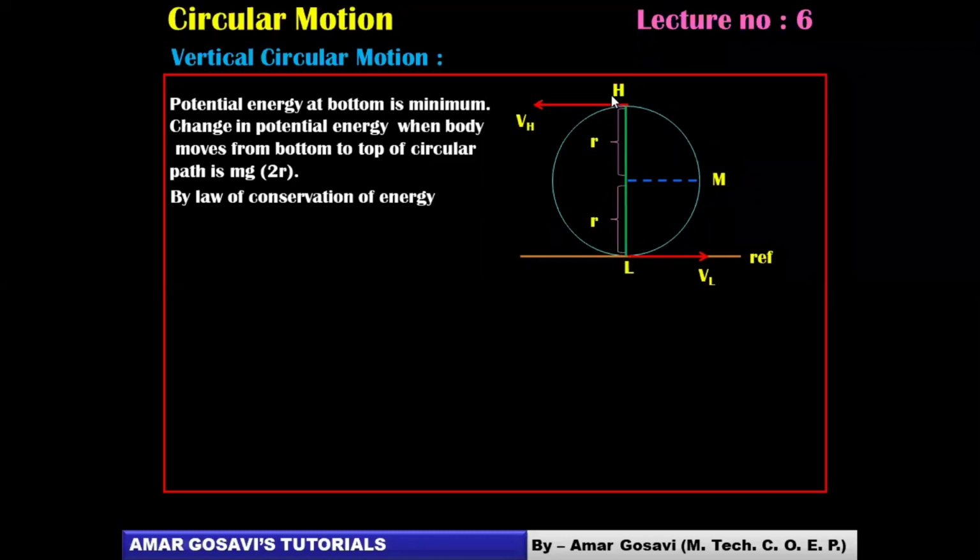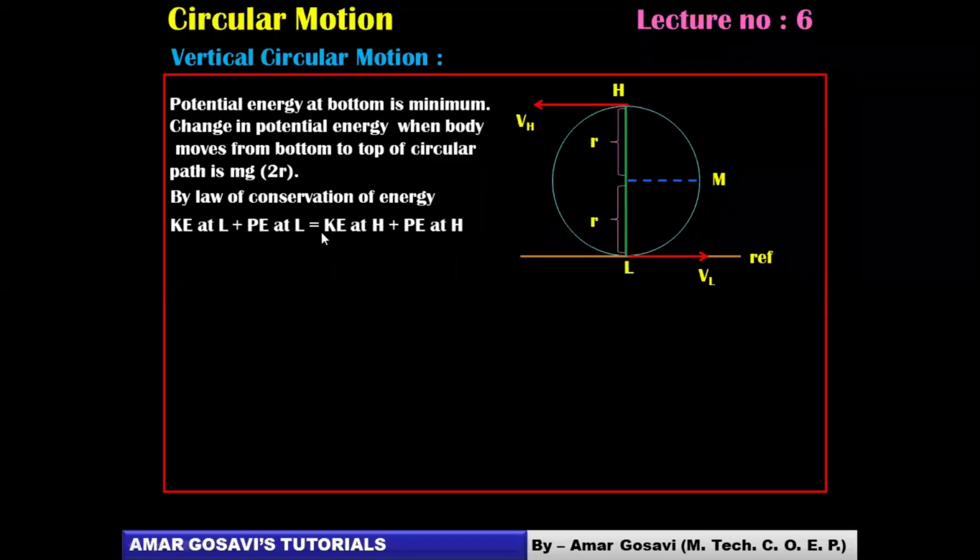So between the highest point and the lowest point, if I consider the lowest point as a reference, then the height is r and r, that is 2r. Potential energy will be mg into height, that is 2r. So by law of conservation of energy, can I say kinetic energy at the lowest point plus potential energy at the lowest point will be equal to kinetic energy at the highest point plus potential energy at the highest point.